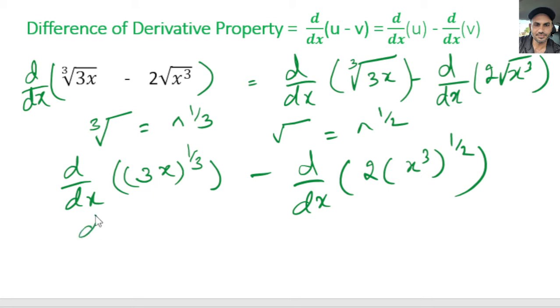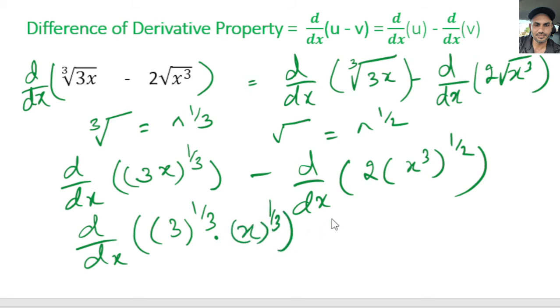We can write this as d over dx. We can separate the terms inside of the cube root, or to the 1/3, so I'm going to write them independently. So we have 3 to the 1/3 times x to the 1/3 minus d over dx of 2 times x to the 3rd power to the 1/2.